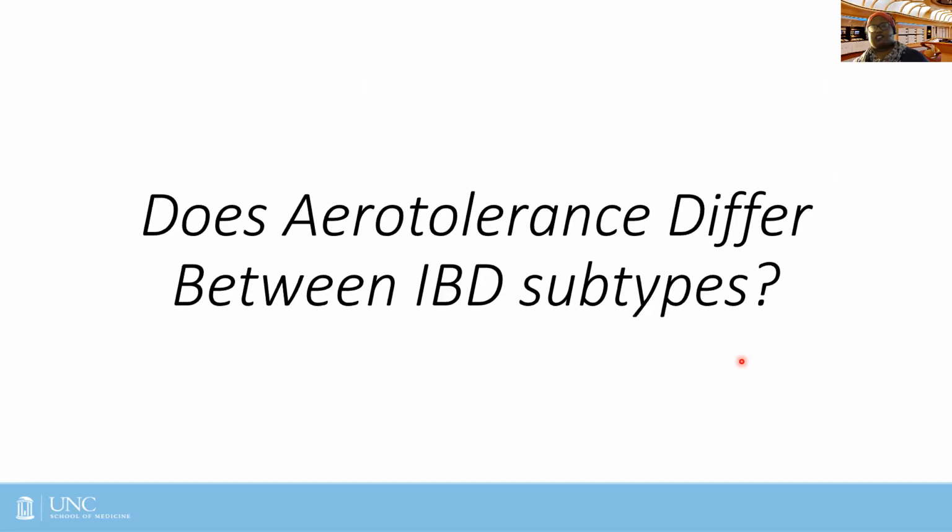Our next question was, does aerotolerance differ between IBD subtypes? So as mentioned previously, at least in the colonic mucosa, there's no significant alteration in the aerotolerance between Crohn's disease and non-IBD. So we initially thought that UC would behave in a similar fashion.